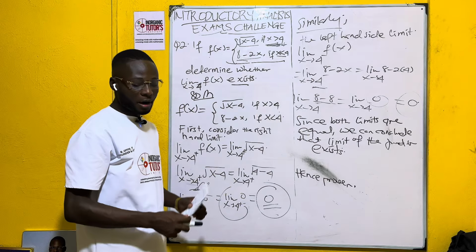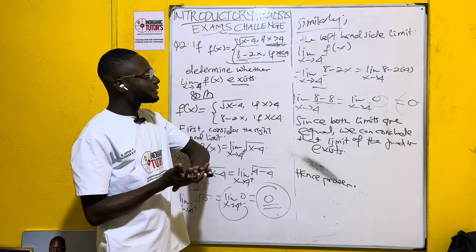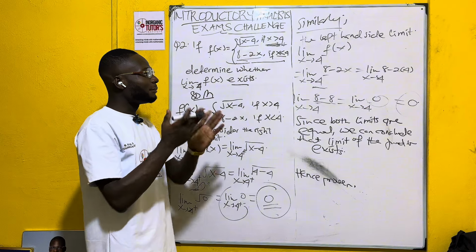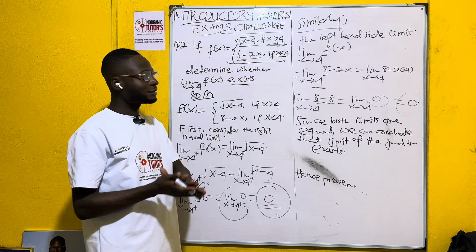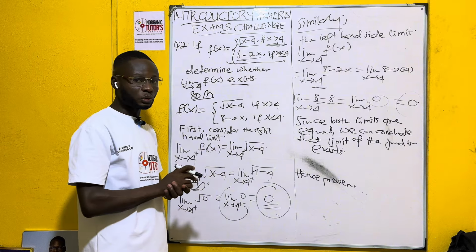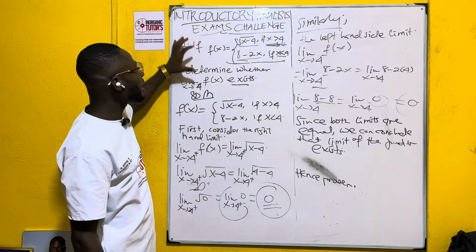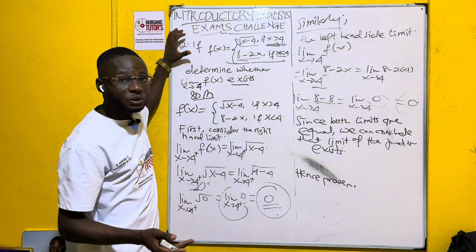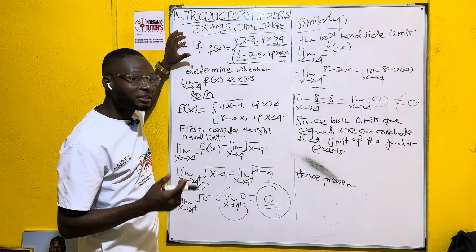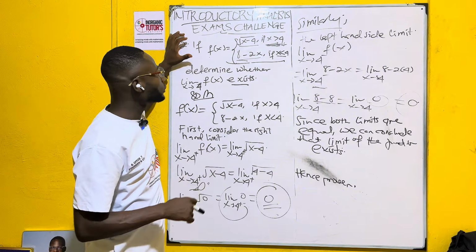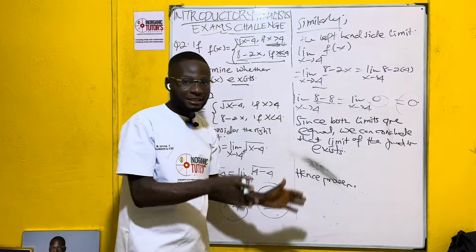So that is all about limits, whether the limit exists or not. This is the process you go through to check, right? If you have a piecewise function and you have to determine whether the limit exists or not, you have to check the right-hand sided limit.